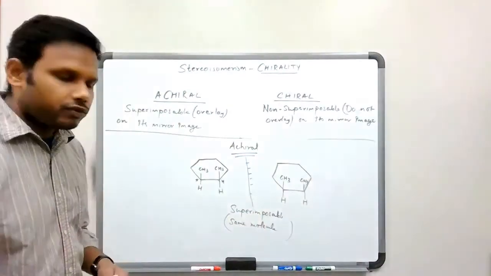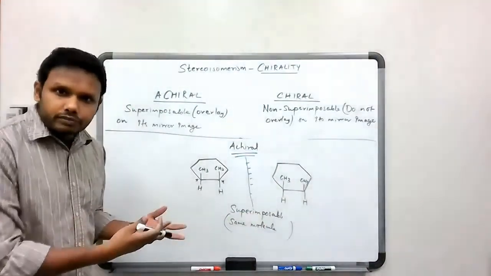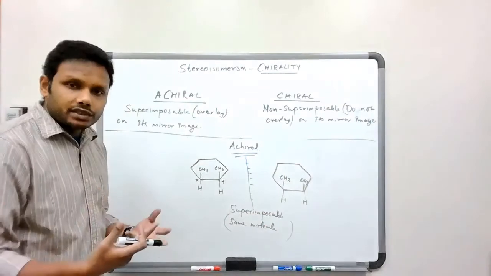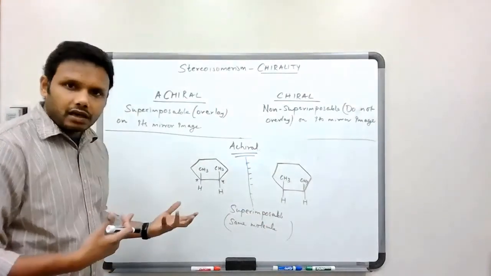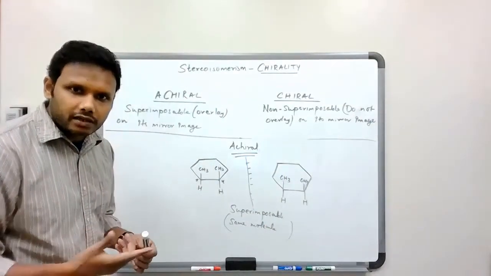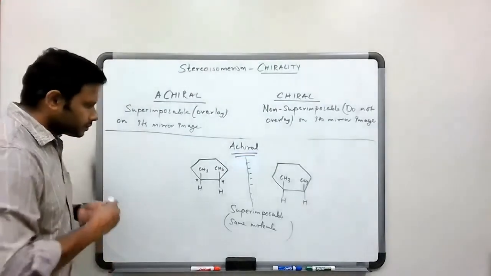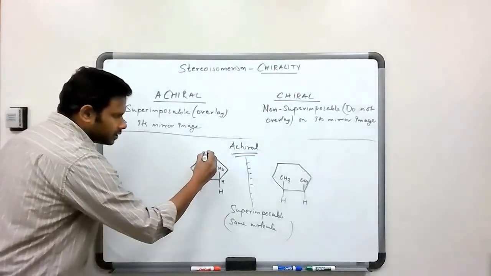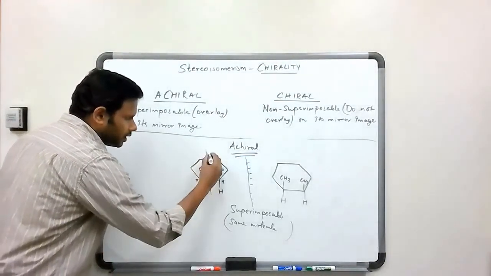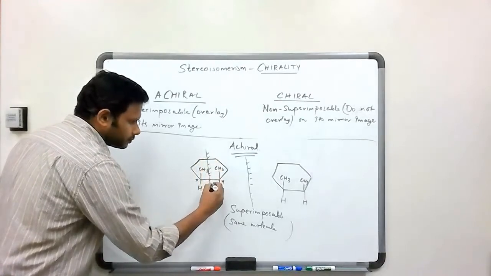Now, it turns out for objects like this, when an object is achiral or when a molecule is achiral, the reason is an internal plane of symmetry.